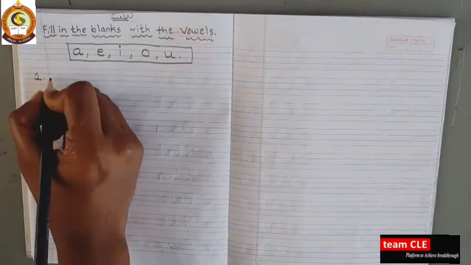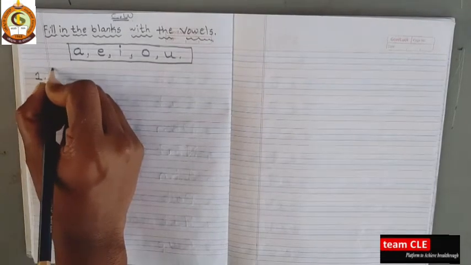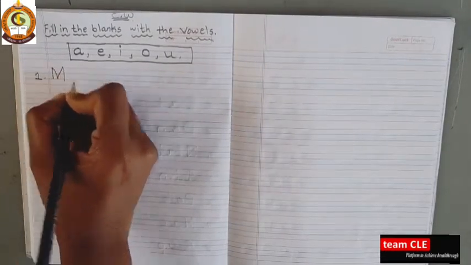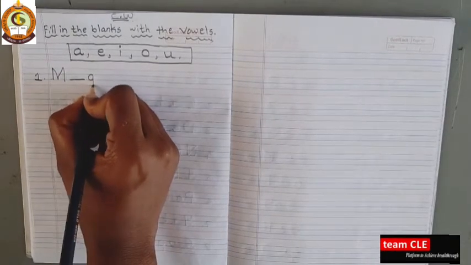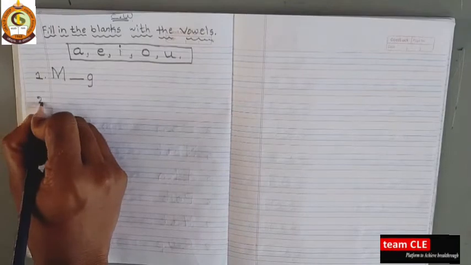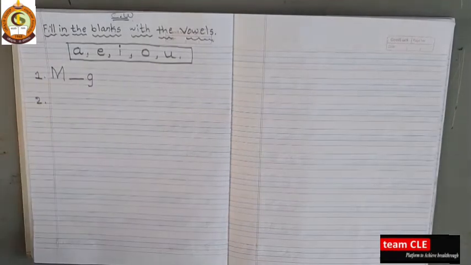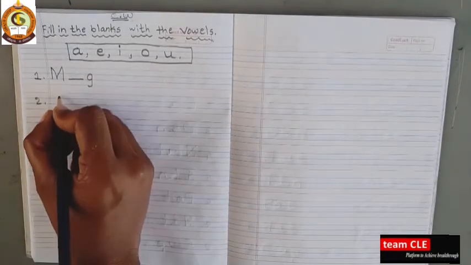Write M, first letter should be capital, M dash G. Next write, spell the spelling and write, children. Neatly write.